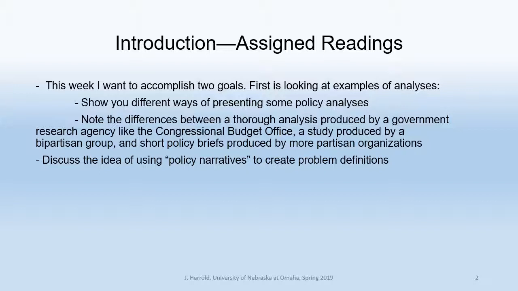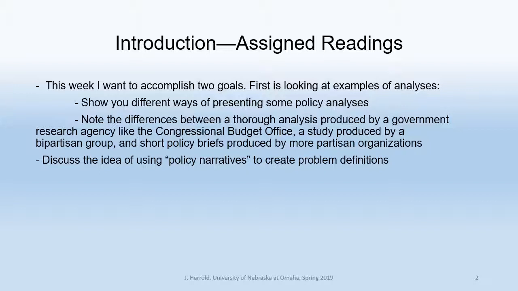And then I give you some examples of more partisan looks at Social Security. I have one from the Heritage Foundation, which self-identifies as a conservative organization. One from the Center for American Progress, which again self-identifies as a progressive or liberal organization.